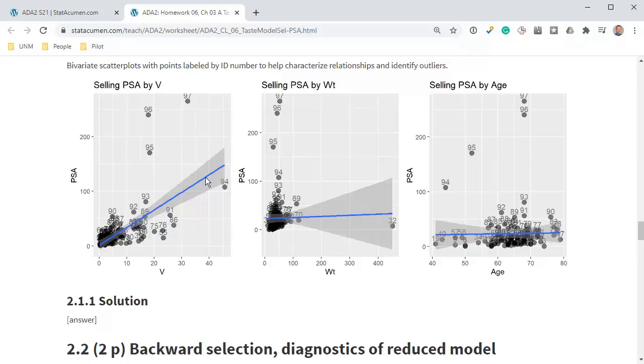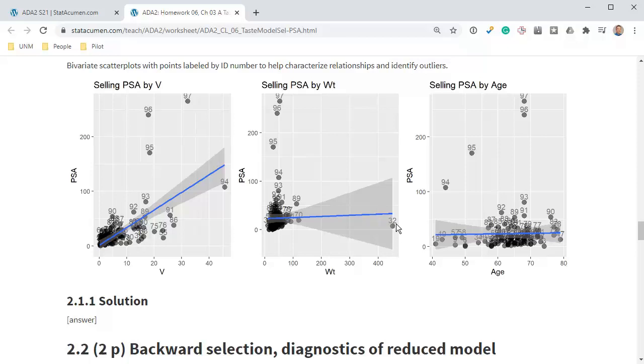And the value to these is I've labeled the points with their ID numbers. So if we have troublemakers like this observation 32, seems like a troublemaker. All the weights are less than 150 except for this one that's 450. So it seems like there's something wrong here. Maybe it's a data entry issue, or maybe this person just is extremely unusual.